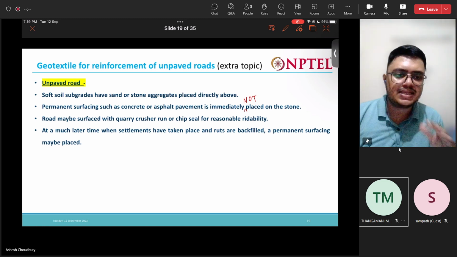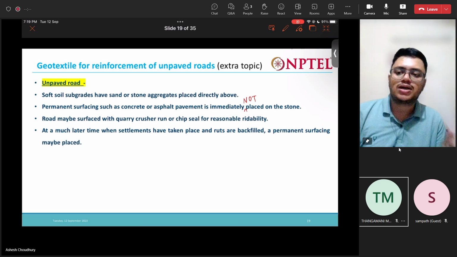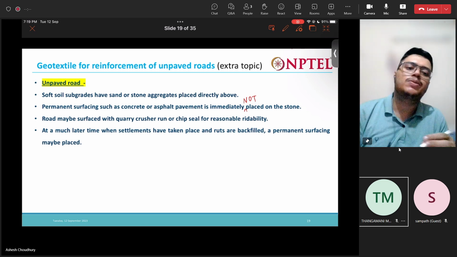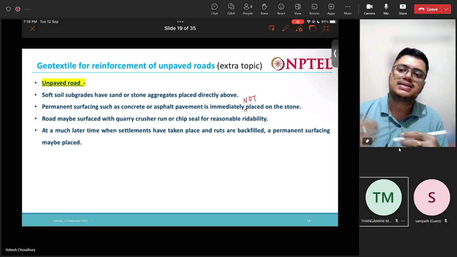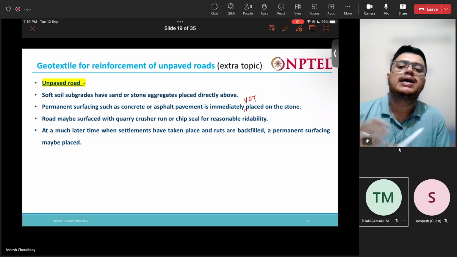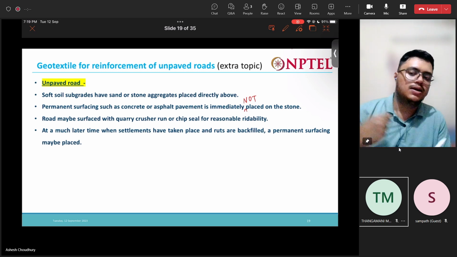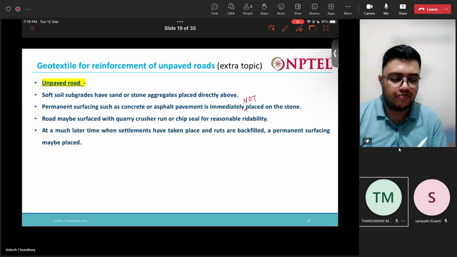But in the present case, we have an unpaved road that has to be made serviceable. Let us see how geotextile and geogrids help in this reinforcement of unpaved roads.